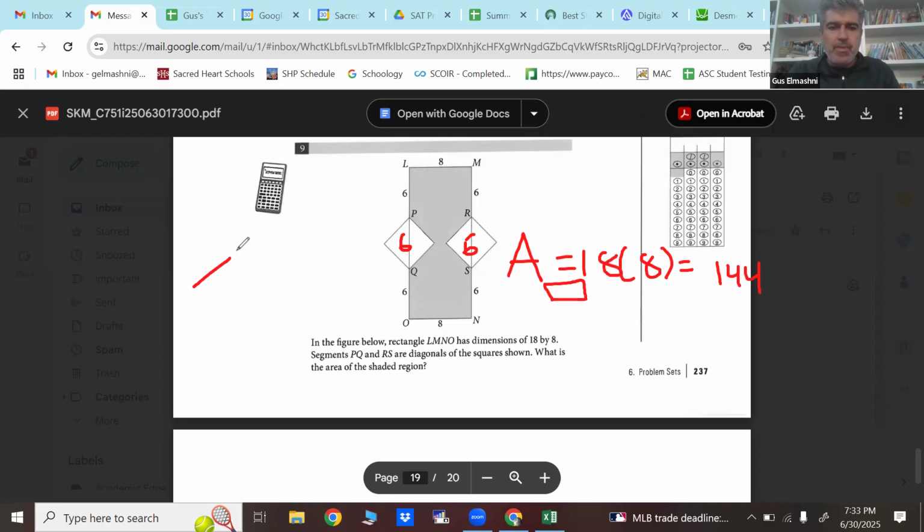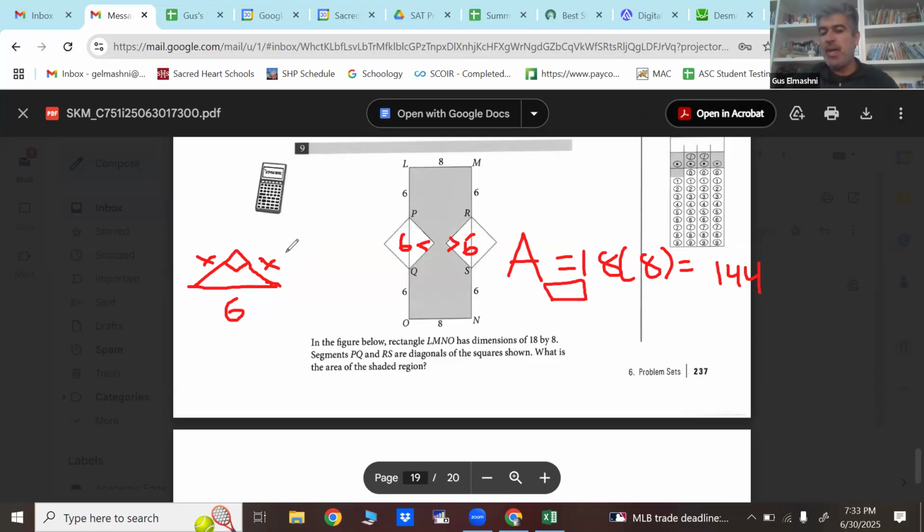Now, let's look at one of the triangles here. Okay, this is 6, right? And it's a square, so it has to be a right angle, because he told us so, right? So I'll call this x and x. Did you do the cosine thing? You don't have to. For those who had geometry last year, you remember the 45, 45, 90 ratios and all that stuff.